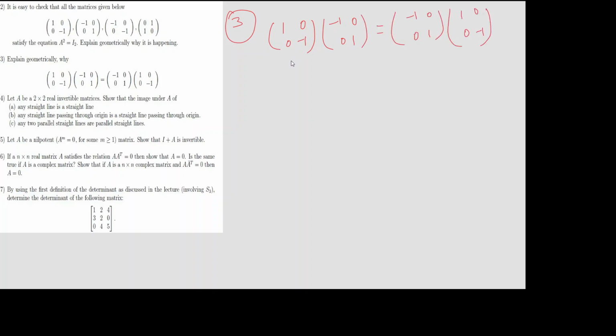Basically from the previous question, these matrices are reflections, and when we multiply the reflections in the reverse order we basically get the same thing. So this reflection is about the y-axis. This is about the x-axis.